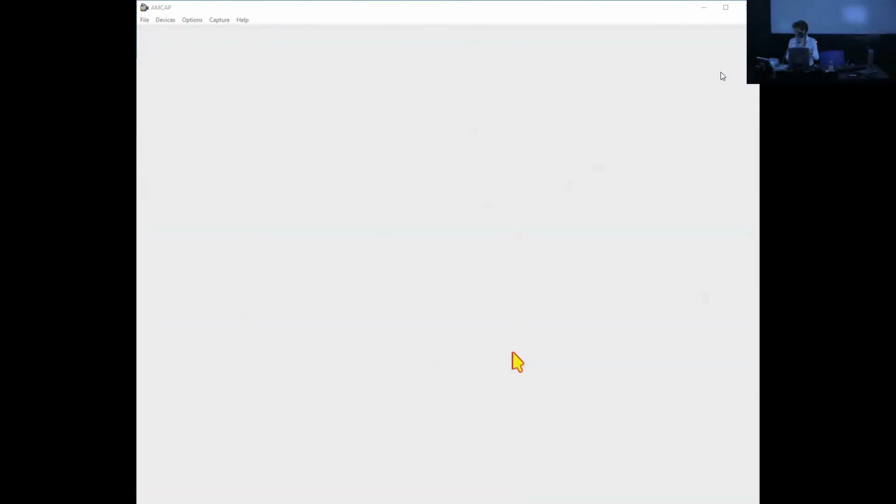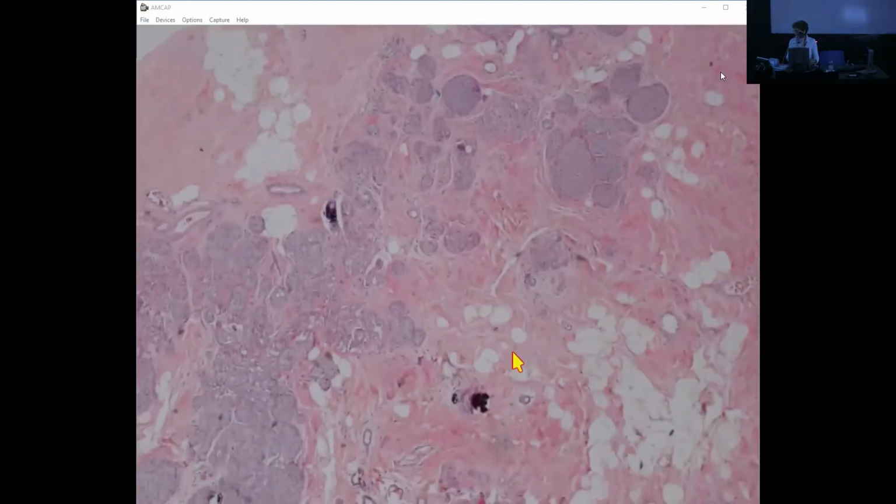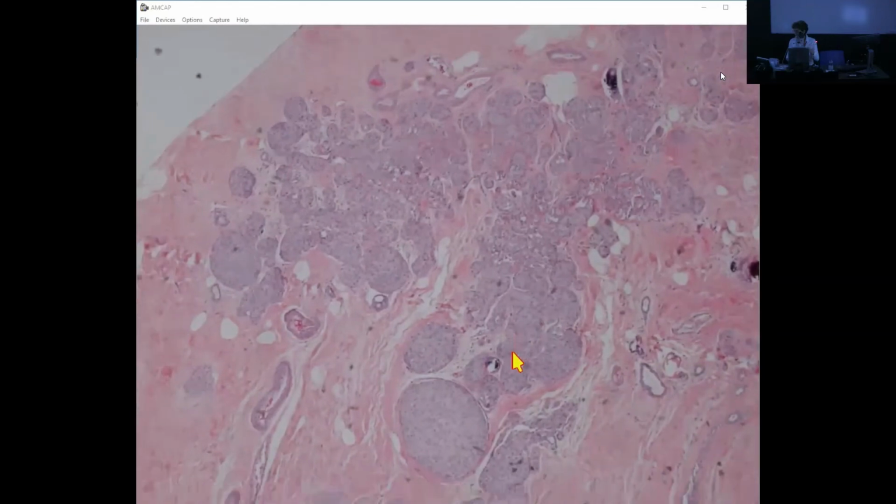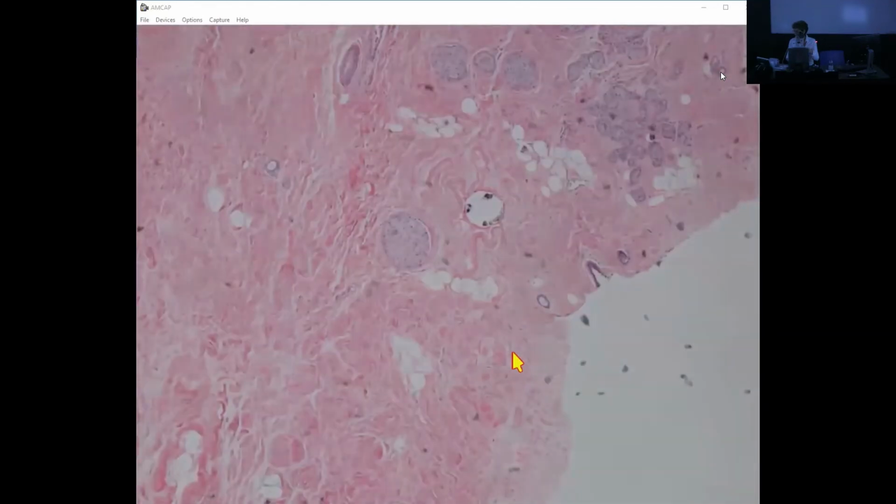So another florid LCIS with apocrine morphology, some nuclear pleomorphism, no invasion. This is uncommon. I generally do a myoepithelial stain, a positive stain to rule out the possibility of invasion. Yes. So do you count across to see if you have 40 cells across the space?